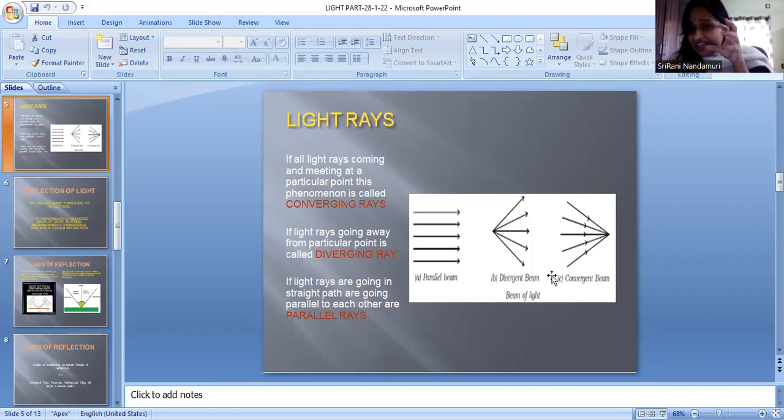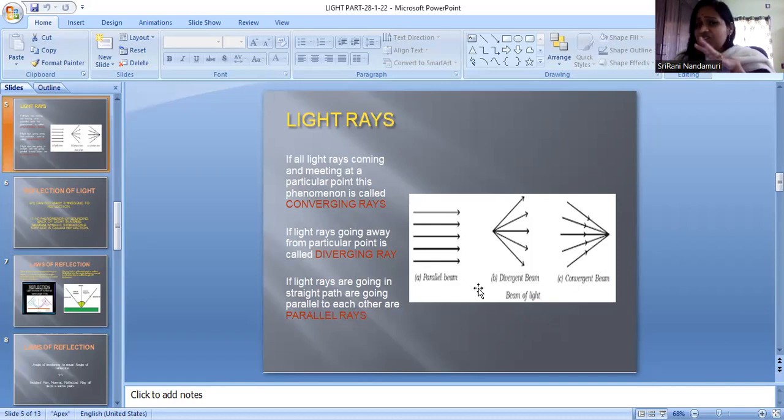Here in this slide, you can see what convergent rays, divergent rays, and parallel rays are. Children, don't get confused. I will explain in detail. Just simply observe the topic.